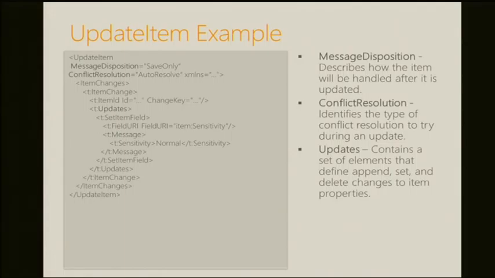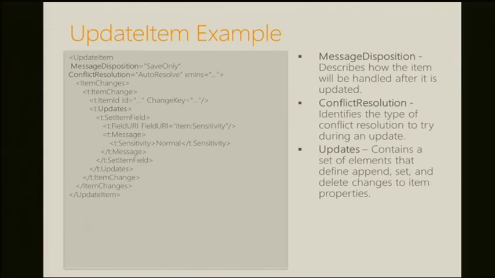So for update, we'll talk a little bit more about conflict resolution here. Message disposition is save only. This is where, in a scenario like updating an appointment, you would set save and send to recipients, or save only if you just wanted to save a change to an appointment in your calendar and not send an update.